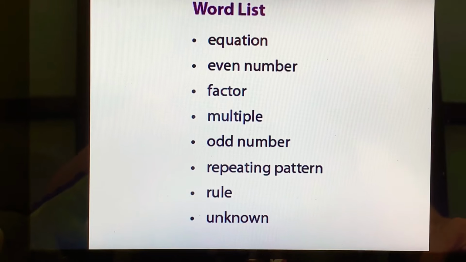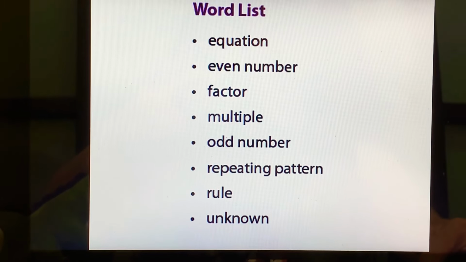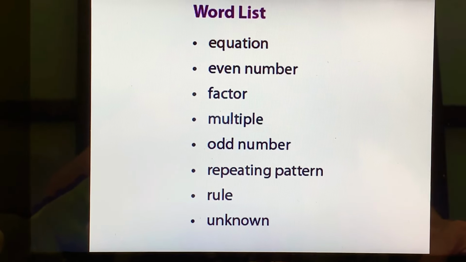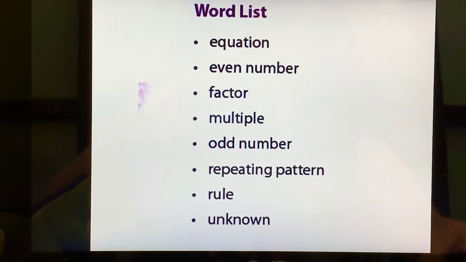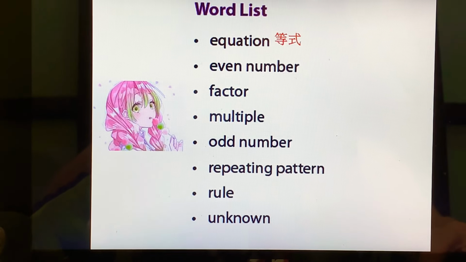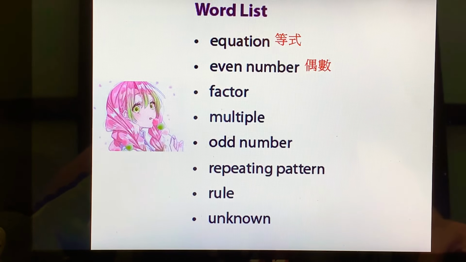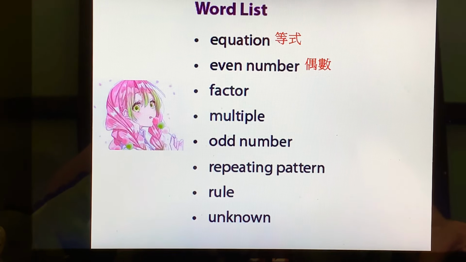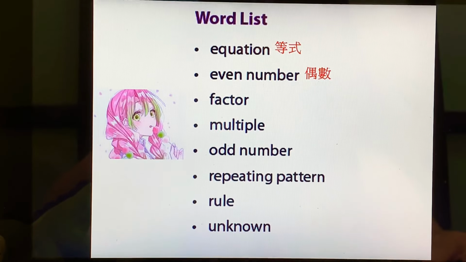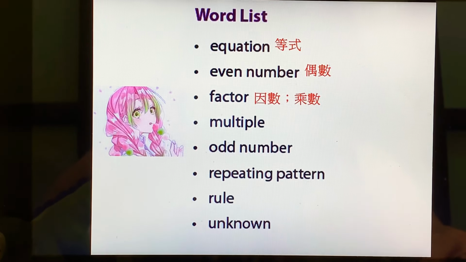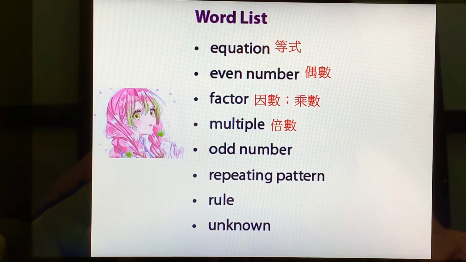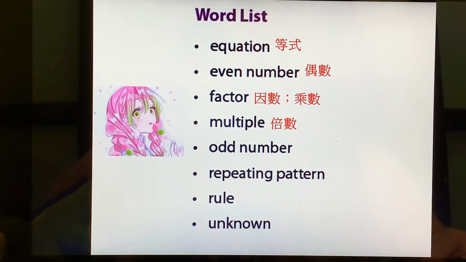First of all, let's review some vocabulary words. Equation. Even number. Factor. Multiple.